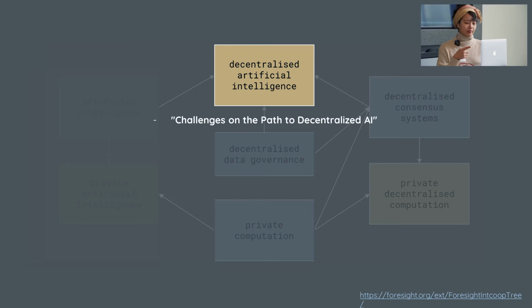I think someone will talk about challenges on the path to decentralized AI. And we see tools such as federated learning, differential privacy, fully homomorphic encryption, multi-party computation, and very recently, zero-knowledge machine learning.